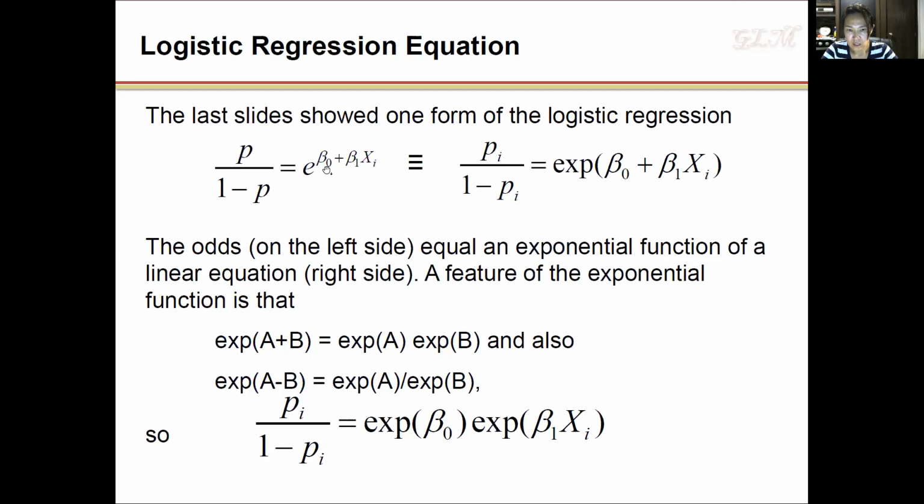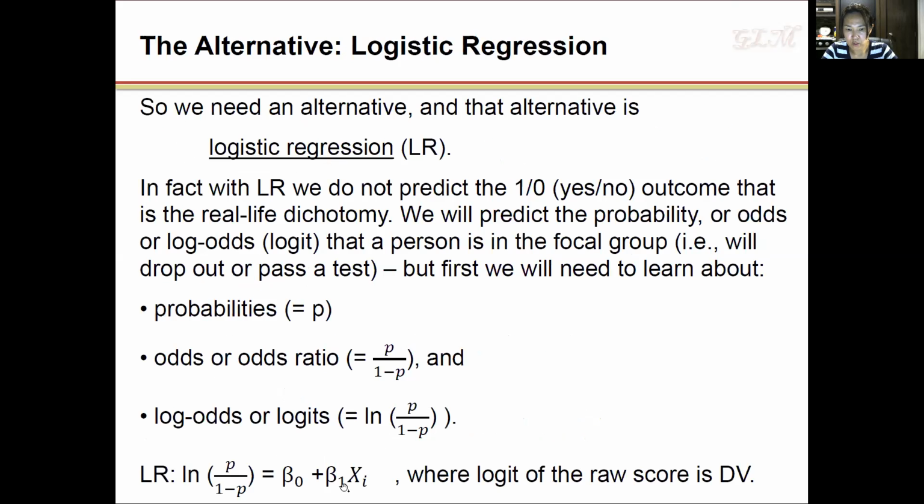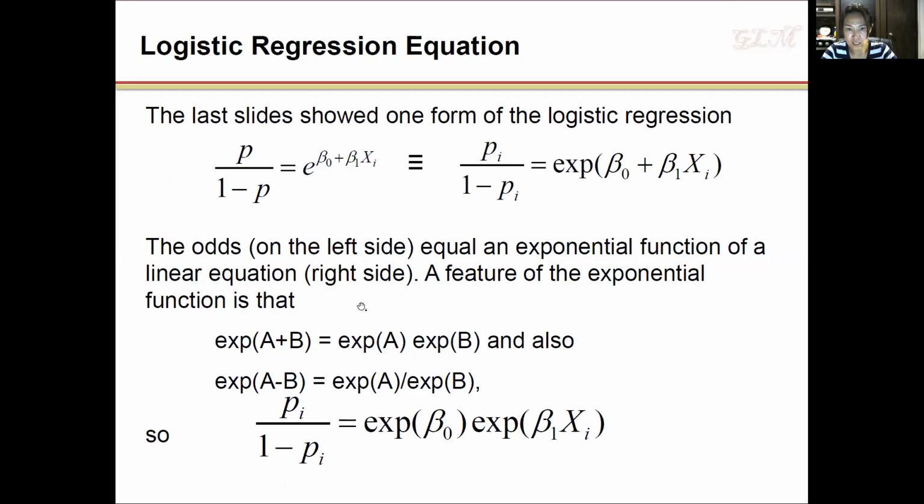And then you saw beta 0 plus beta 1 x1 here, right? If you plug them into the exponential function, then you will have this one. So this part is odds.